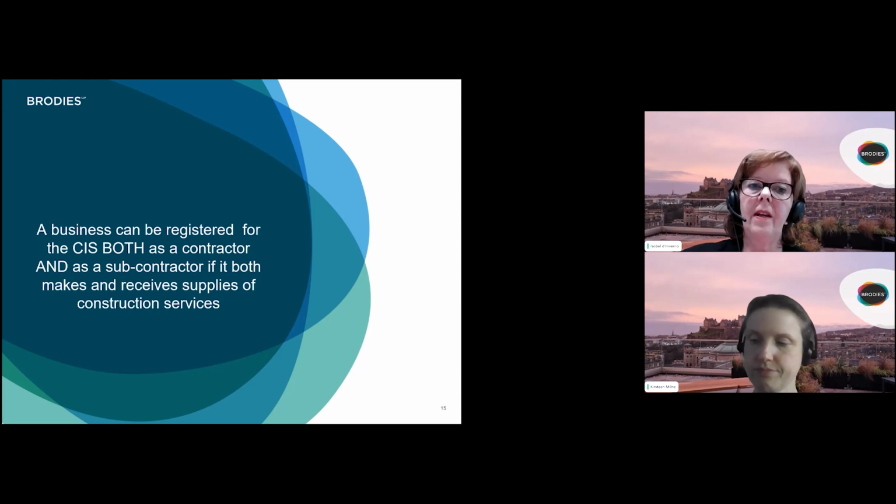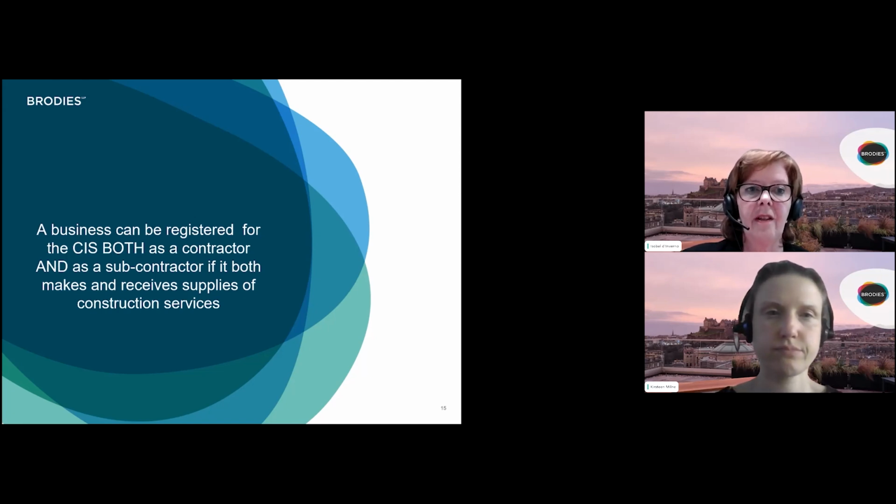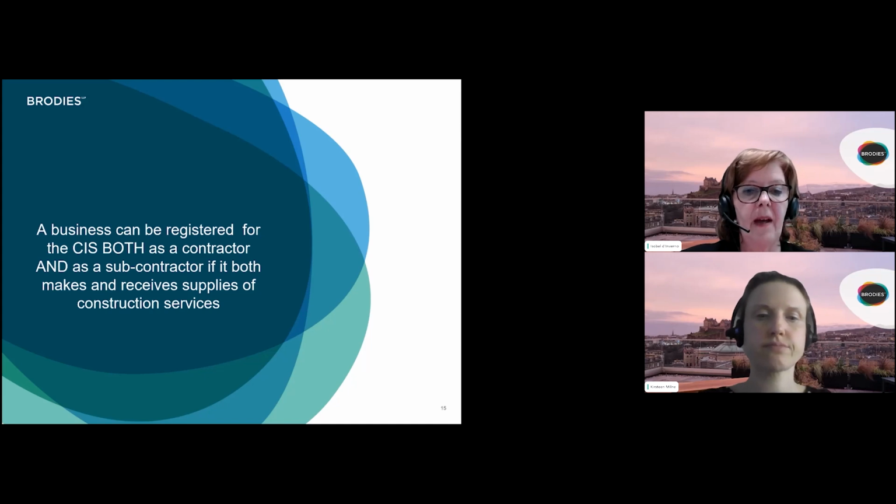And this is one of the areas where confusion creeps in, because if a business is asked if they're registered with the CIS and you don't say as a contractor or as a subcontractor, it may not be very clear, and it may lead to one of the situations Kirsty mentioned where clients think that they're registered, but actually it turns out that they're not, or they're registered as the wrong thing. So there are two separate CIS registrations, as a contractor or a subcontractor, and a company can be registered for both.